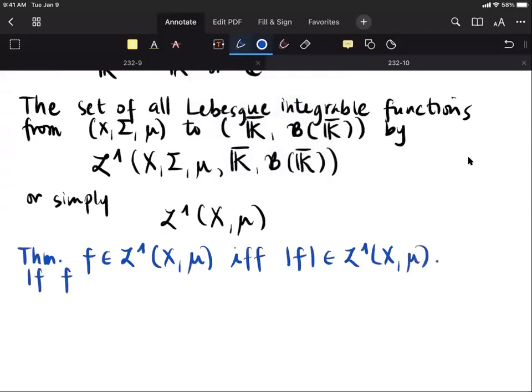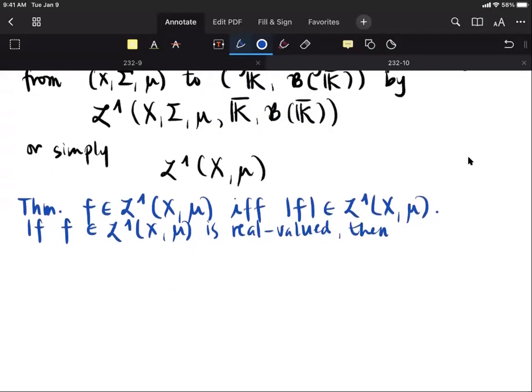Furthermore, if f is integrable and real valued, then the Lebesgue integral of the absolute value is the sum of the Lebesgue integrals of the positive part and the negative part.